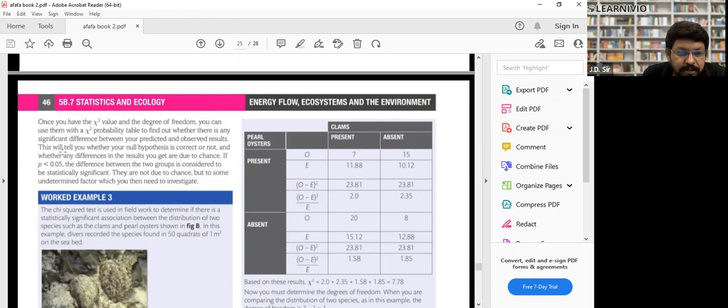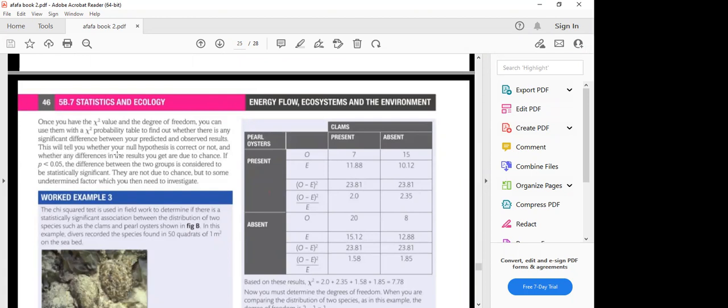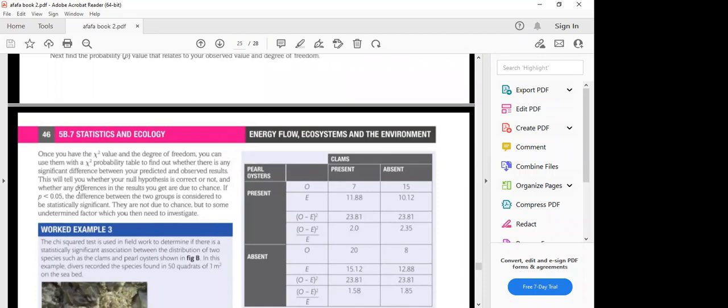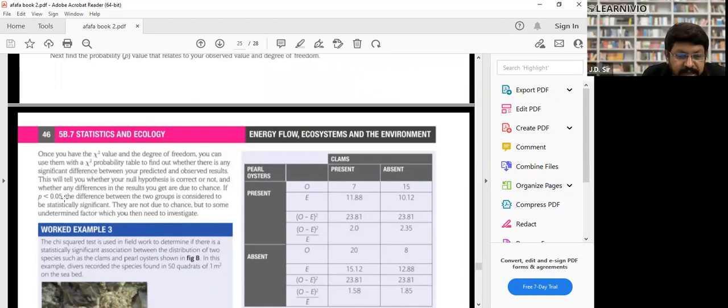If p is less than 0.05, then the difference between the two groups is considered to be statistically significant.